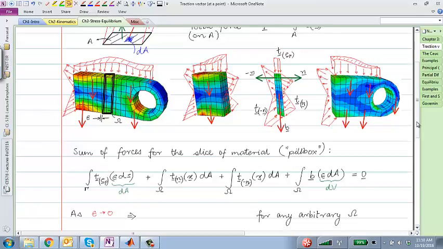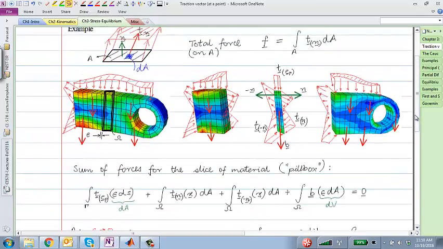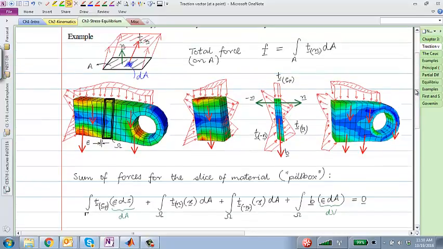So let's try to understand the consequences of this definition of traction on equilibrium. Again, I'm going to go back to that body. Instead of the external force applied on the half ring here, I have some non-uniform distributed force acting on, let's say, the top face.